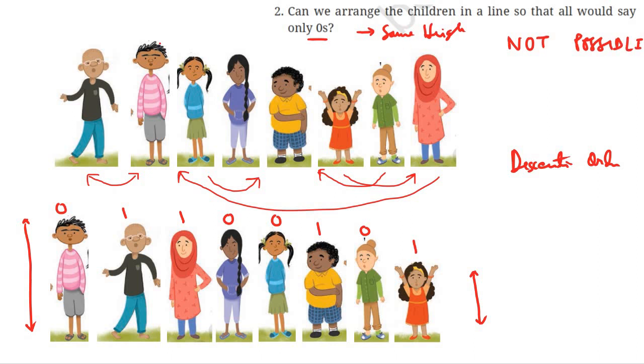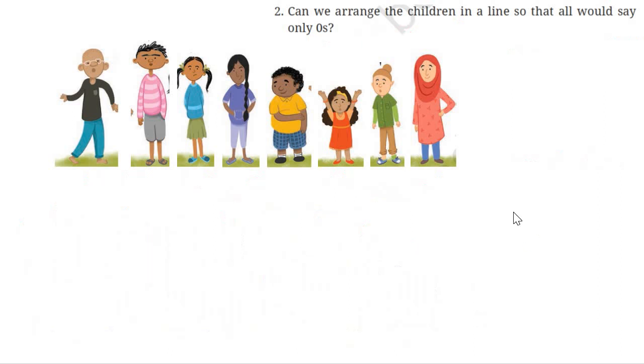See, because if there is one person who is taller, say for example, let me consider this case, suppose all of the children are of the same height, but one is taller. What will be the number?